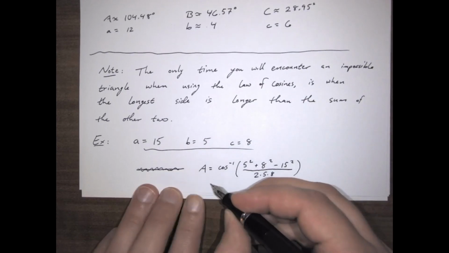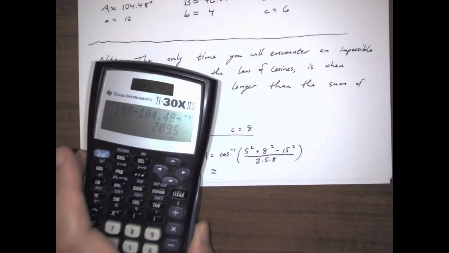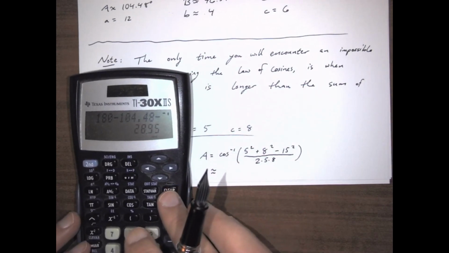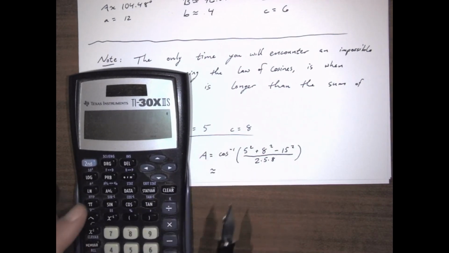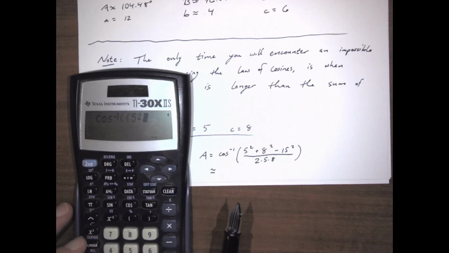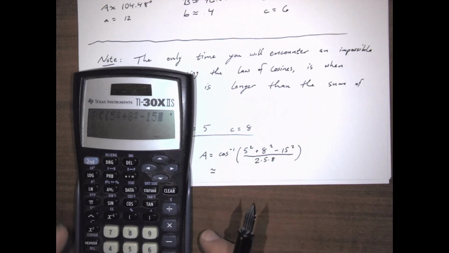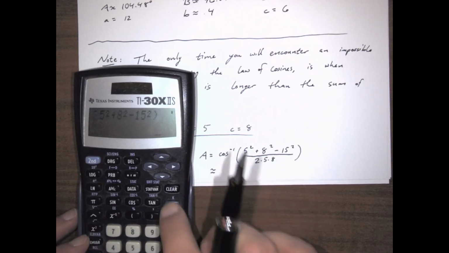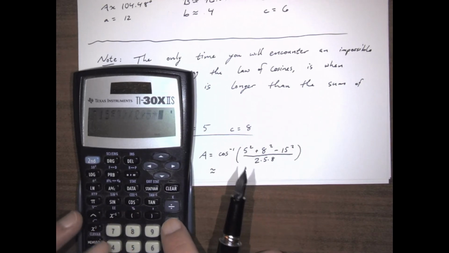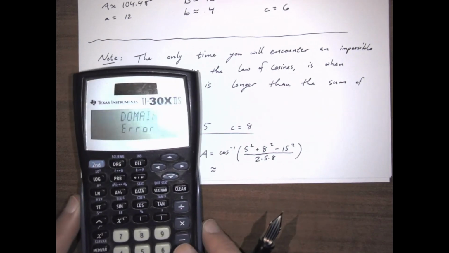Let's see what that would give you on your calculator. It shouldn't give us anything because this is impossible, but let's see what happens. Cosine inverse, careful about the parentheses, 5 squared plus 8 squared minus 15 squared, all divided by parentheses 2 times 5 times 8, parentheses. And we get a domain error.